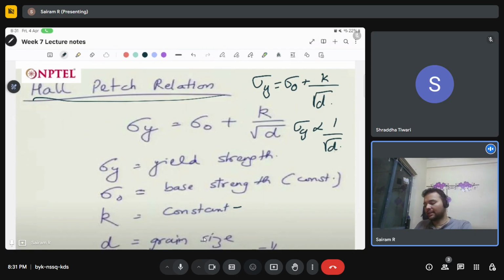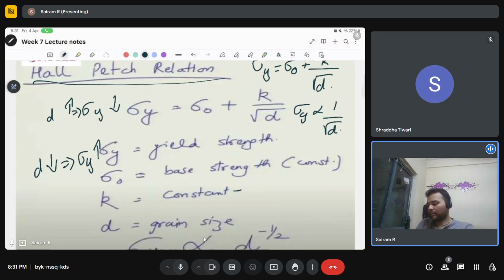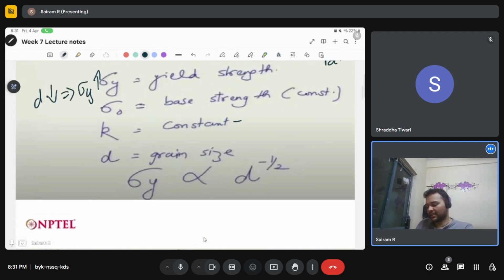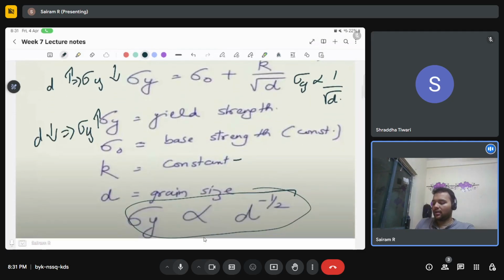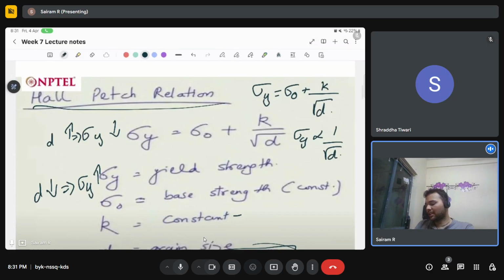When d is larger, sigma y decreases. When my grain size reduces, sigma y increases. Yes, this is the relation. Very, very important, the Hall-Petch relation.